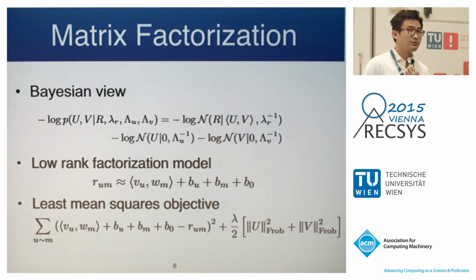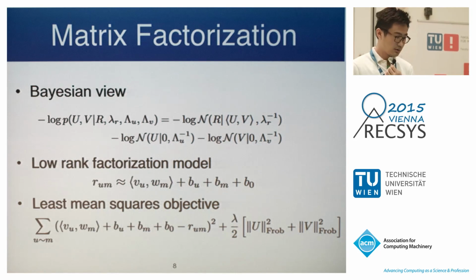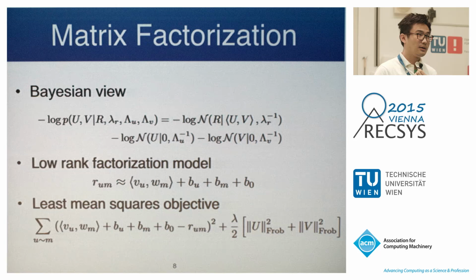A recap of matrix factorization from a Bayesian view. We want to estimate a distribution or maximize the posterior of the latent user factor U and the joint latent item factor V given the rating data R and some hyperparameters.